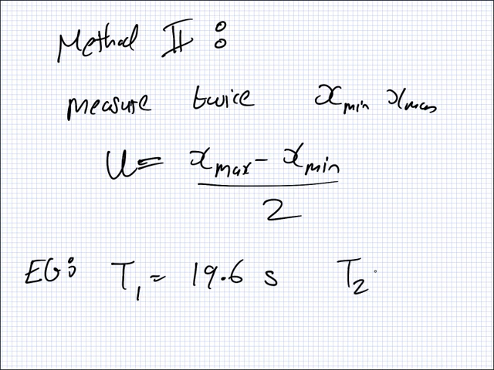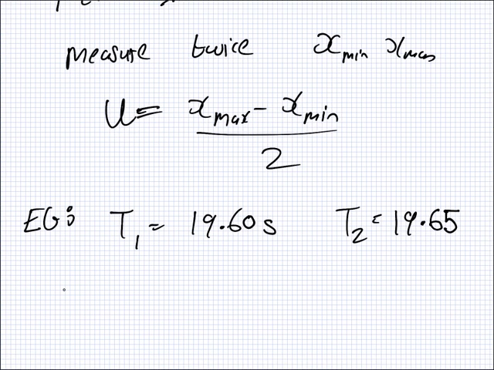And then the second time you did it, it took 19.65. What is the minimum value here? I know it looks like 19.6, but it might be better to think of the minimum possible value as 19.595, because that could round up to make 19.6.